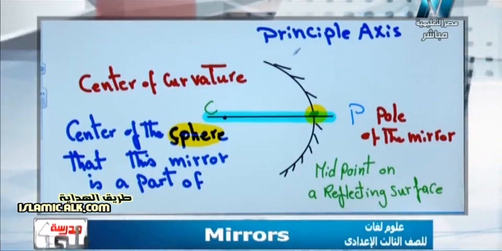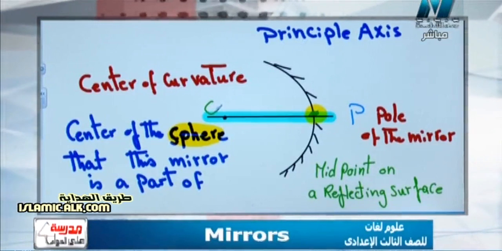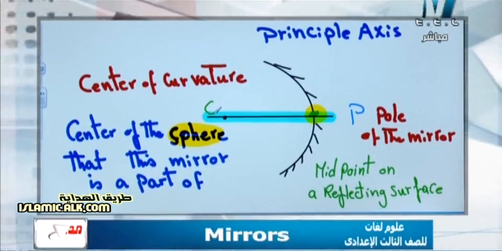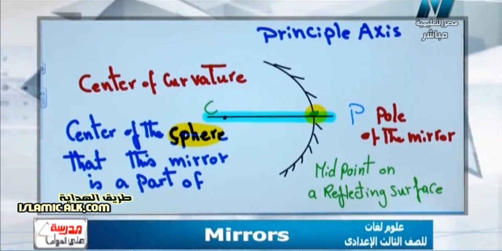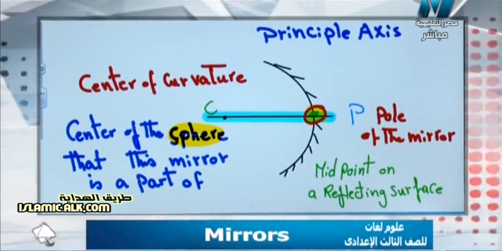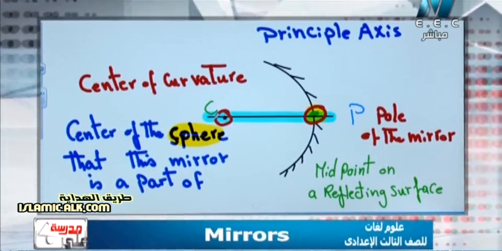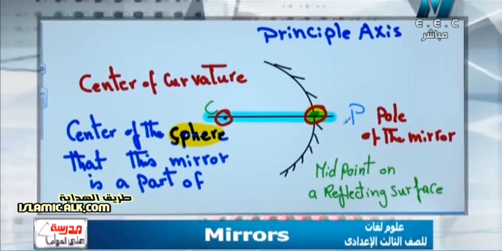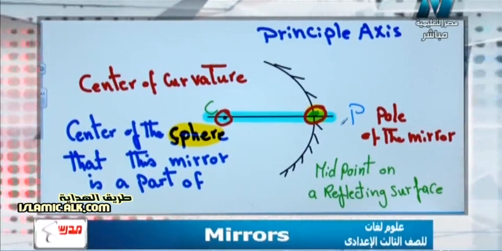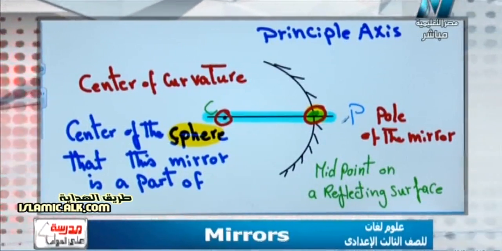We describe, we don't memorize. It is a straight line connecting the pole of the mirror and the center of curvature, or between center of curvature and pole of the mirror. So how many principal axes do we have? We have only one principal axis.